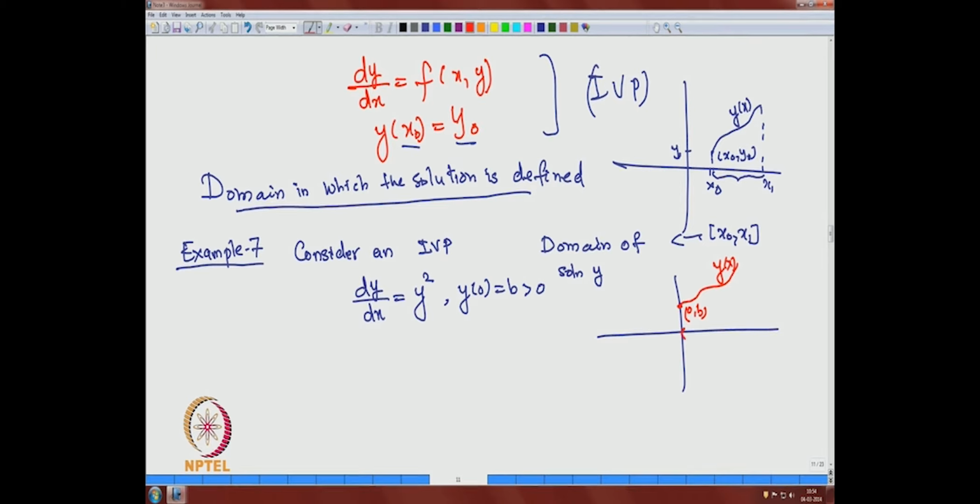So, from the point x is equal to 0. Okay, let us look at the solution again by the method of separation of variables.